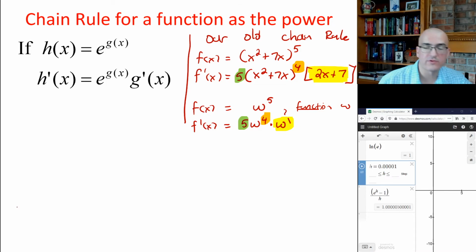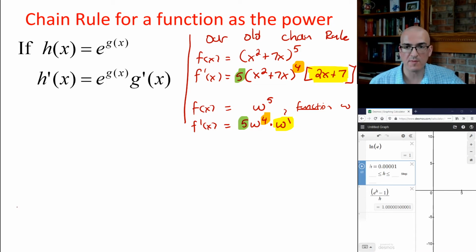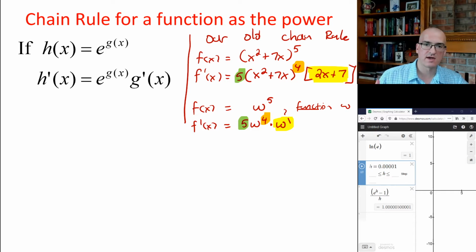So that's the structural format of the chain rule. Notice that it looks like the derivative of x to the power of 5. The 5 comes down times x to the power of 4, except it has the prime piece.